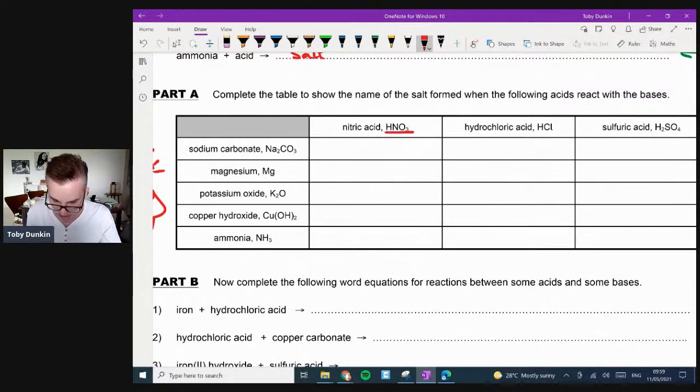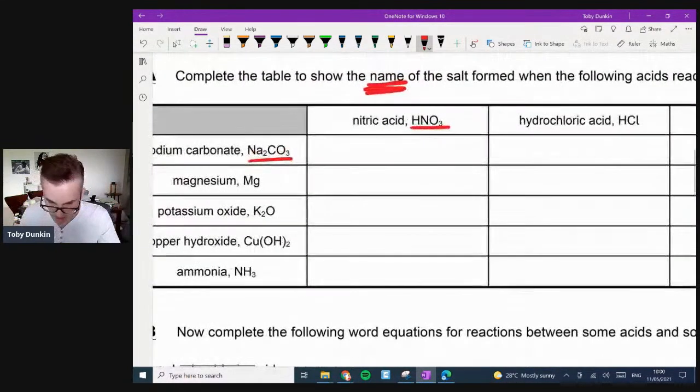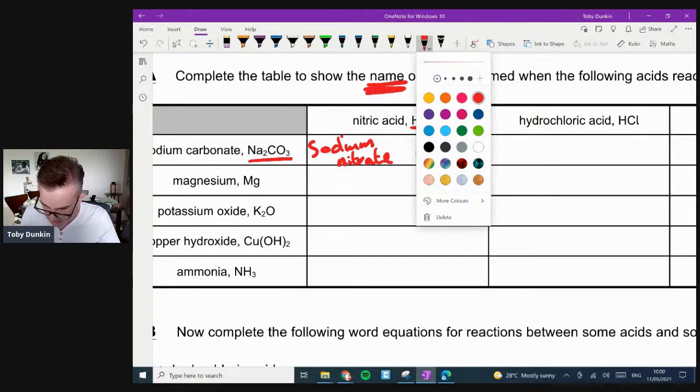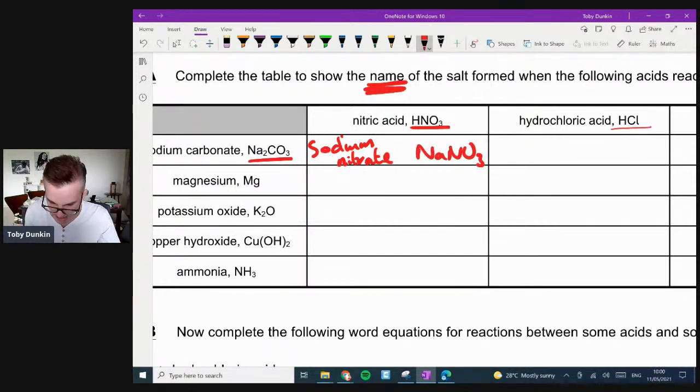So nitric acid plus sodium carbonate. And it says give the name, not the formula. I'll actually do both. So this is going to be sodium nitrate, and its formula would be NaNO3. Next one, hydrochloric acid and sodium carbonate is going to form, tick it, by the way, if you got it right, sodium chloride, formula NaCl.